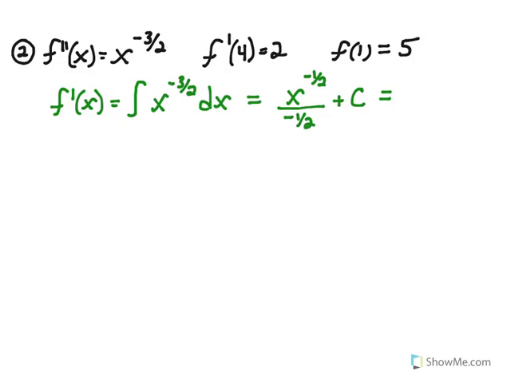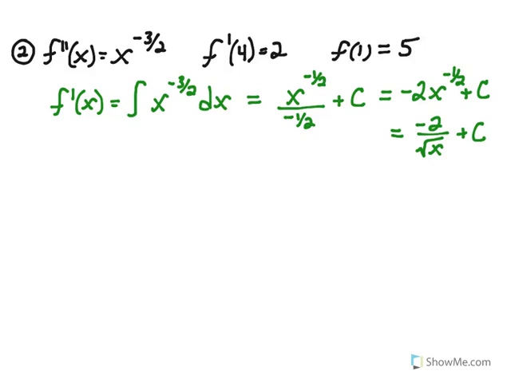So instead of x to the negative 1/2 divided by negative 1/2, I'm going to multiply by the reciprocal of that negative 1/2 on the bottom to get negative 2 x to the negative 1/2 plus c. And since I can't leave a negative exponent in my answer, I'm going to write this as negative 2 over x to the 1/2, which is the same thing as square root x, plus c.